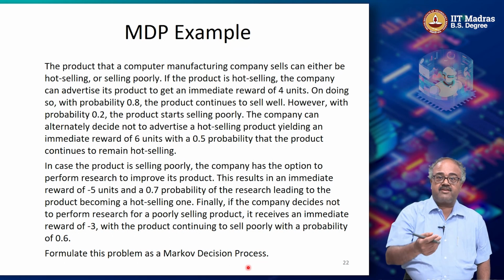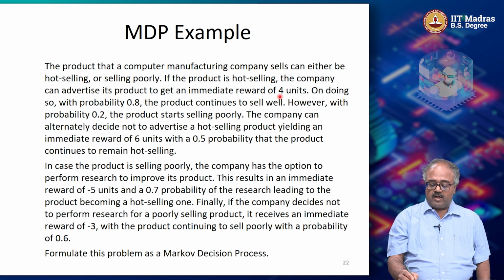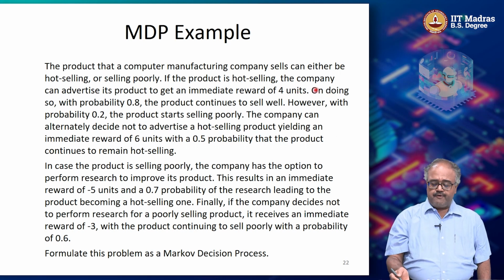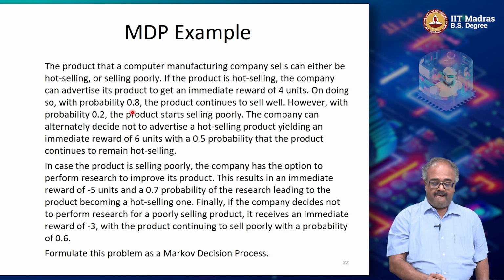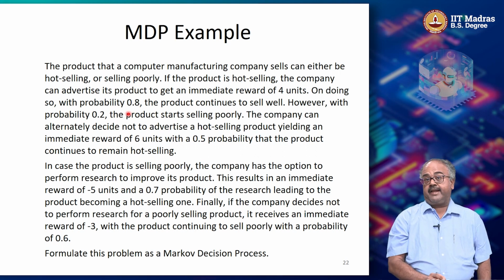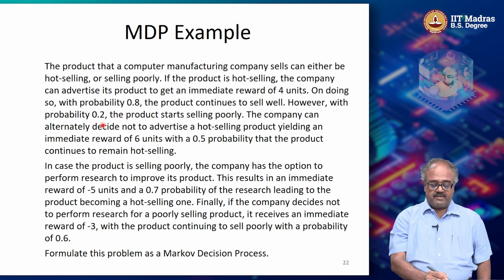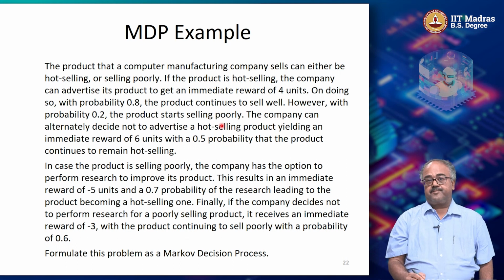It's also going to have some expense because it's spending it on advertising, right? So we are going to say the overall income is, say, 4 units, whatever it is, right? And if you advertise, then the product continues to be hot selling, right, with a probability of 0.8. So with a very high probability, it continues to be a hot product, right? However, with some small probability, 0.2, the product starts selling poorly.